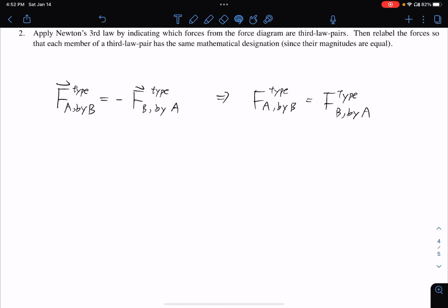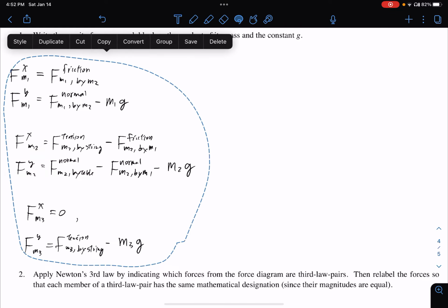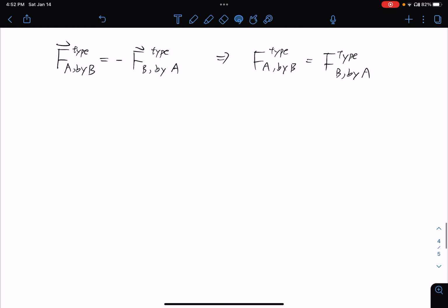We see up here we have the friction force, and this is m1 by m2 and m2 by m1. So they form a pair. Let's copy everything down here to further analyze.